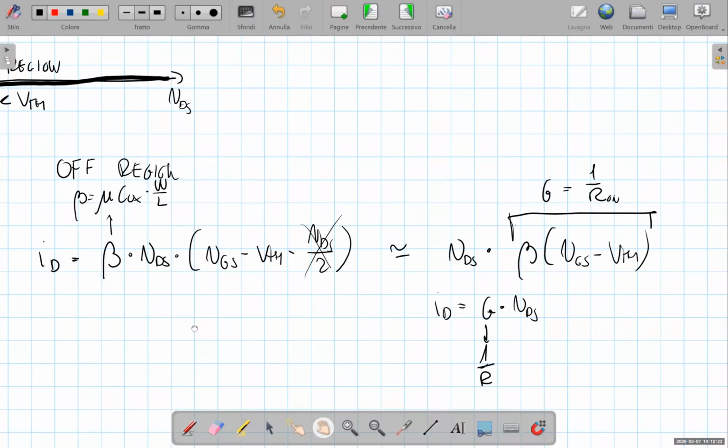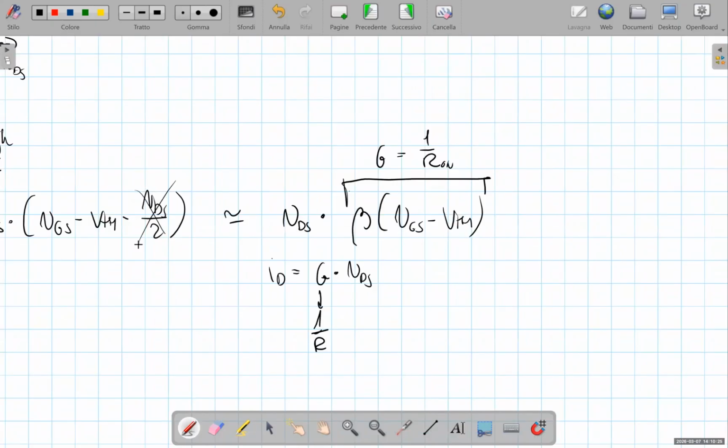So in other words, as far as we can neglect this minus VDS over 2 in the expression of the current, we can say that for VGS larger than the threshold voltage and VDS small enough, the transistor behaves as a resistor with a resistance R on given by 1 over beta times VGS minus VTH. So, a resistor whose resistance depends on VGS.